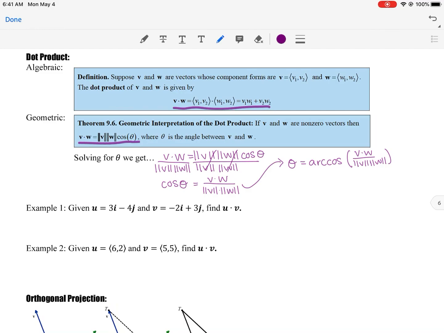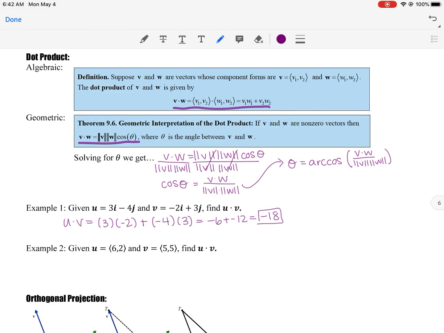If we look for the dot product u times v, I think the algebraic approach is generally a little bit easier. So u times v equals the x component, 3 times negative 2, plus the y component, the j component, negative 4 times 3. So we get negative 6 plus negative 12, which equals negative 18. That is the dot product there.